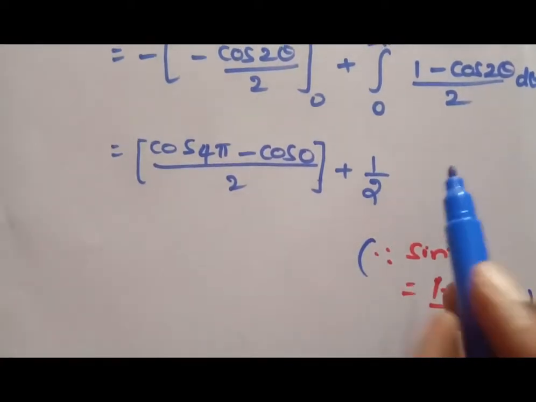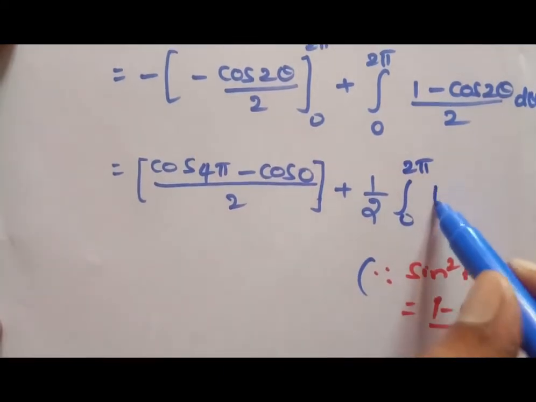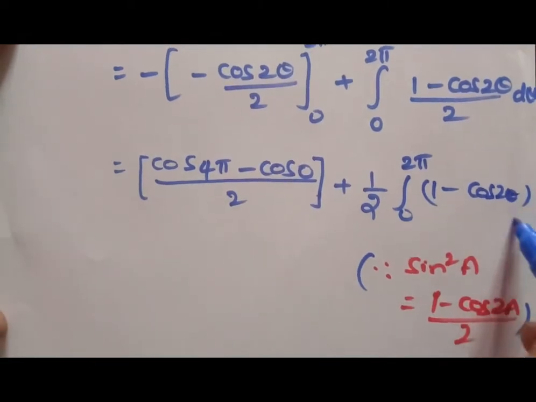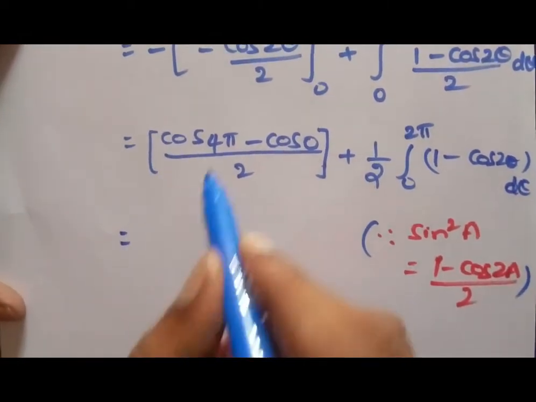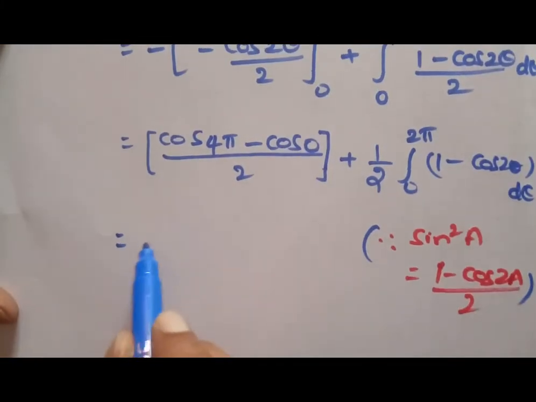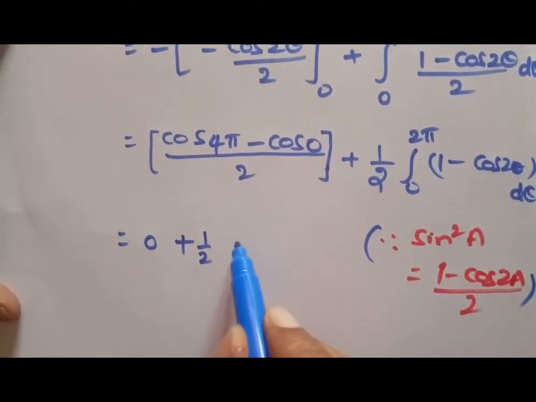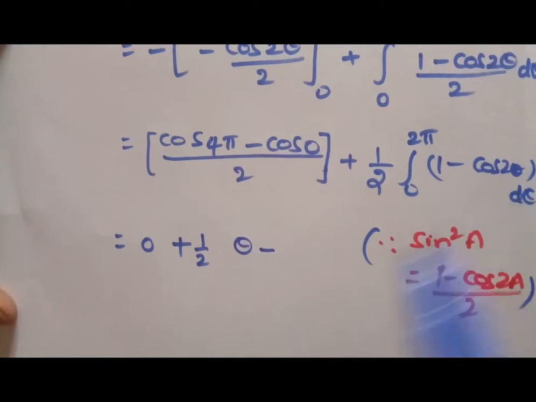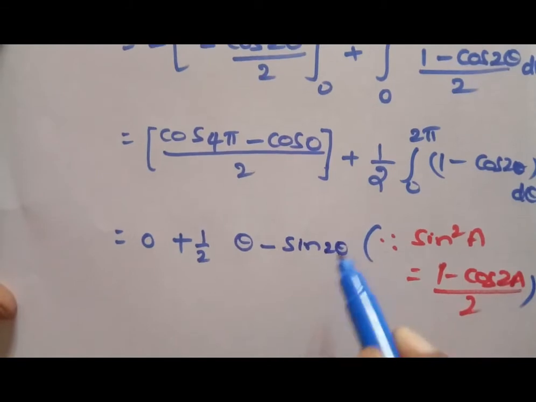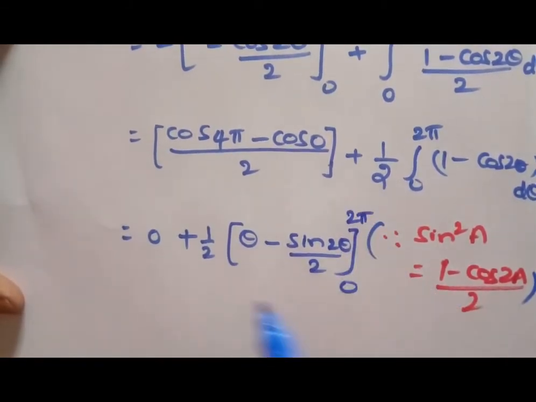Therefore here 1 by 2 into the integral from 0 to 2 pi of (1 minus cos 2 theta) d theta. Therefore this is equal to cos 4 pi is 1, cos 0 is 1, 1 minus 1 is 0, plus 1 by 2 into the integration of 1, that is theta, minus the integration of cos 2 theta, that is sin 2 theta by 2, limits 0 to 2 pi.